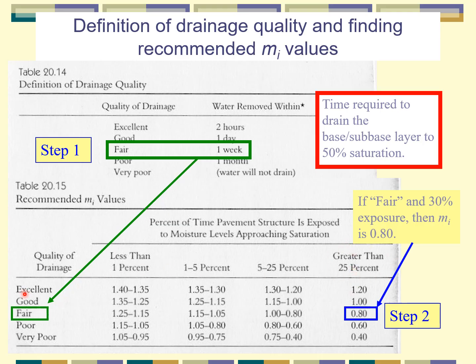So considering again the fair quality of drainage, corresponding to that, you can see that this drainage factor m sub i is equal to 0.8. So if fair drainage and greater than 25% exposure, then m sub i is equal to 0.8. This is the worst possibility for the pavement sub-base and base layer, and in this particular case the value is 0.8.